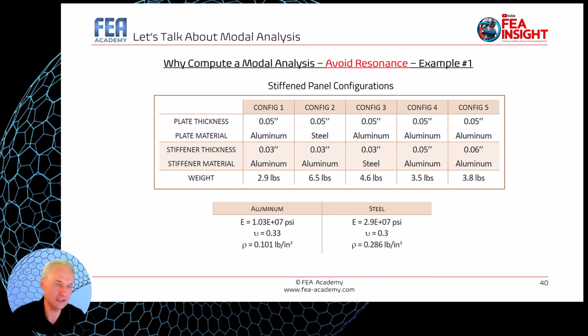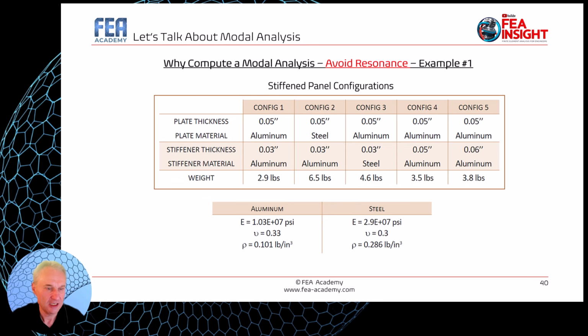You see on the last column the different weight I obtain for each configuration. So without building any panel, just by doing only models, I already know the models which are above the 4 pounds that the requirement is giving to me. That's very good.